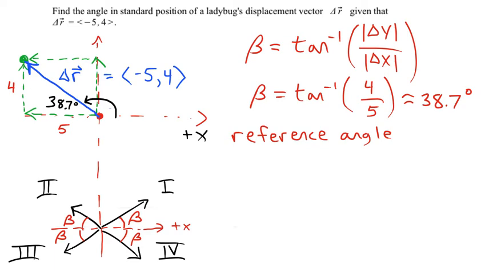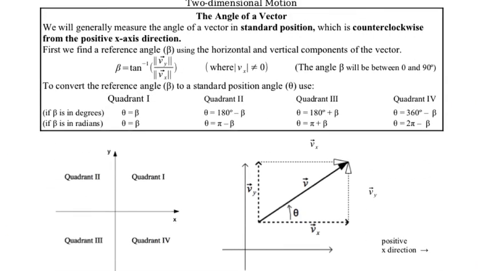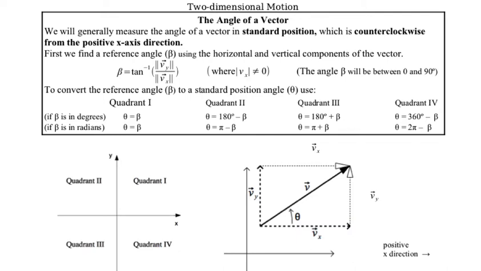So what we have to do is use a guide for it. Right here is the guide, which says that if we're in quadrant 1, then our standard position angle is the reference angle. Beta is theta. They're the same. But if we're pointing in quadrant 2, we have to make a modification.